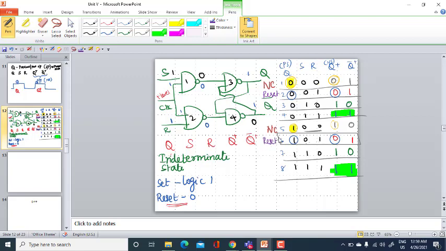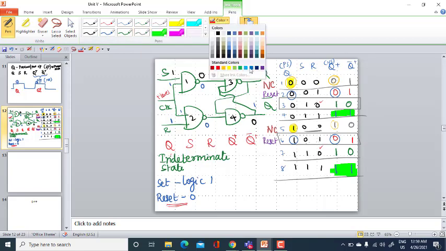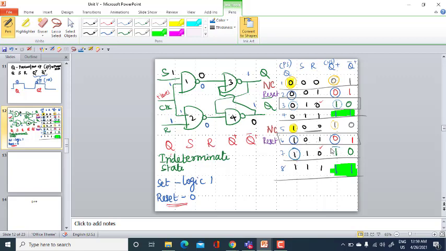Okay, let me go ahead with the next combination 1 0. When I have 1 0 combination, again look ahead with your next input, present state and the next state output. So I have 0 here, I have 1 here, 1 here, I have 1 here.